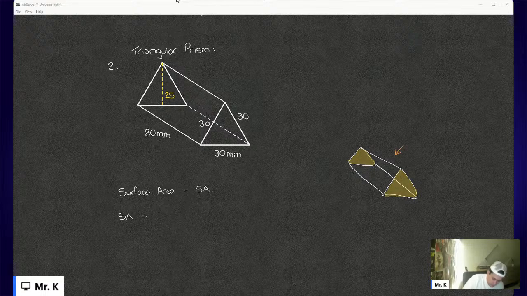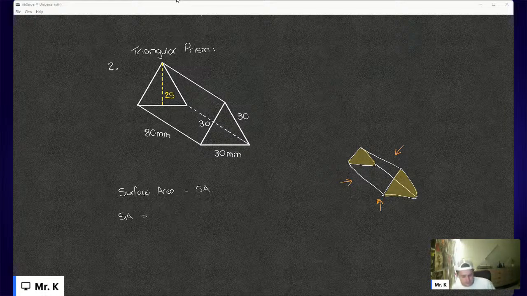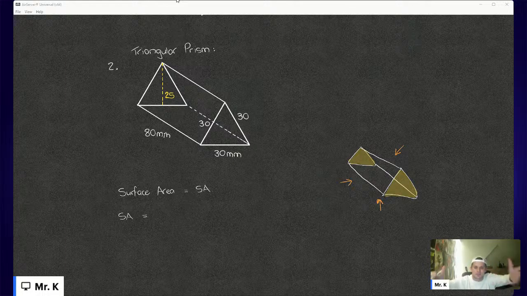We have one on the right, one on the left, okay? And we also have one at the bottom. There are three different rectangles that are actually all going to be the same size. Okay, now this is where you really have to practice trying to almost take a screenshot of the shape that we are working with and rotating it in your head.